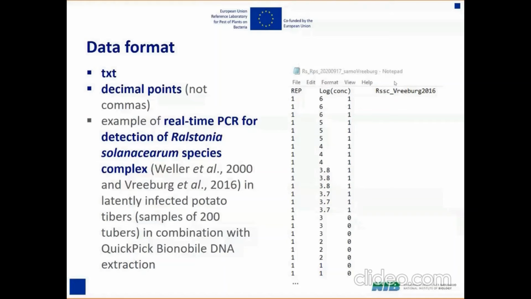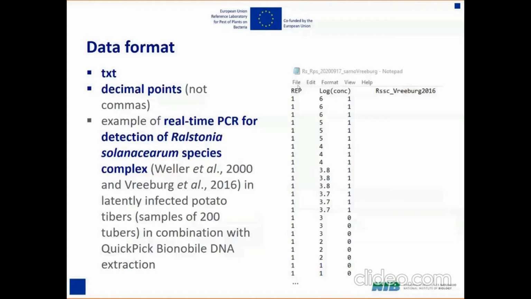It has a long name in Slovene, but it's real-time PCR data for detection of Ralstonia solanacearum species complex, using real-time PCR based on Weller primers and Vreeburg probes for detection of these bacteria in latently infected potato tubers. So samples of 200 tubers in combination with quick bionobal DNA extraction.